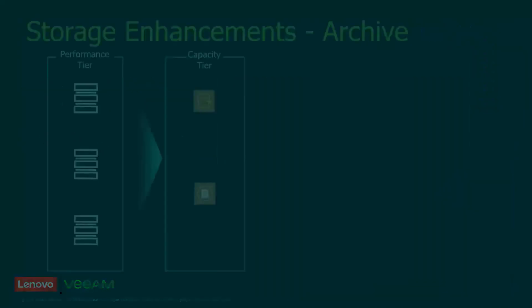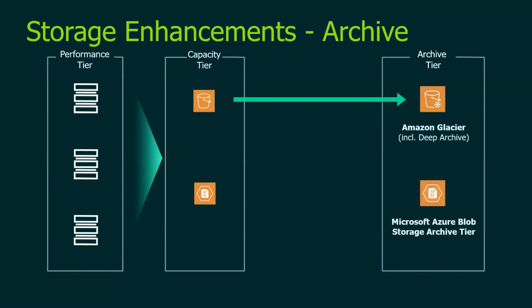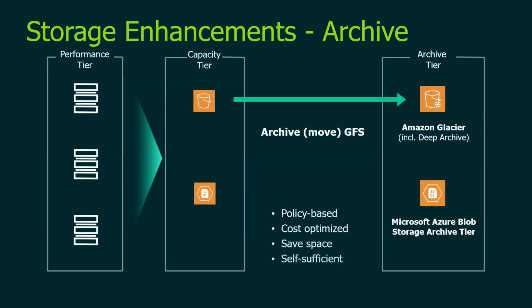And then we've also added a new archive capability as well, so that if you are currently using AWS or Azure, we're able to take those backups that you have in that capacity tier, and particularly for your long-term backups, move those into a cold storage tier.